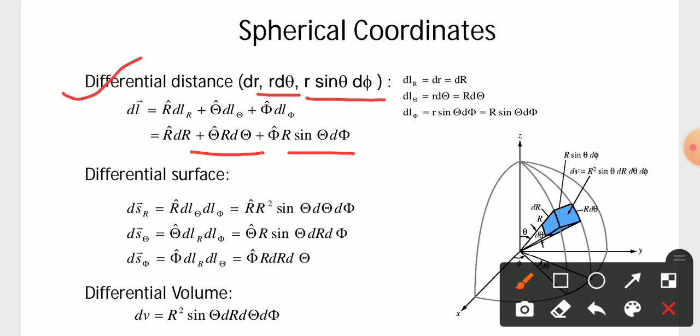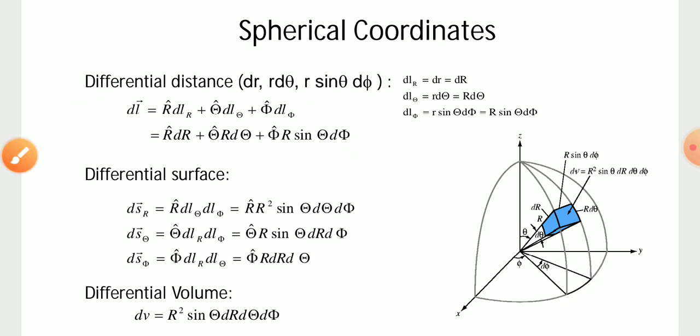Now if you are interested in identifying the differential surface, then one axis you have to maintain as constant and the other two axes as variable. So if you want to vary theta and phi, then the constant term, or the normal vector, will be in the r direction.